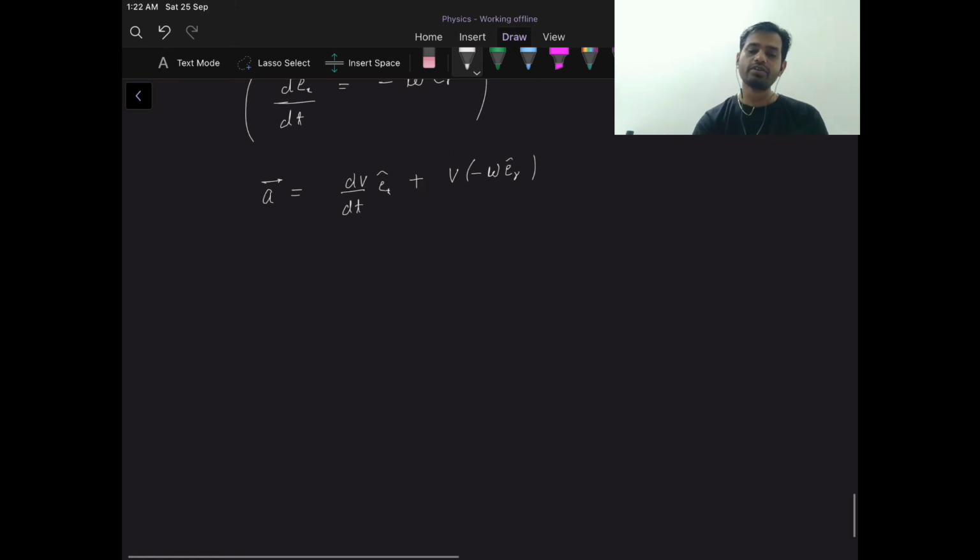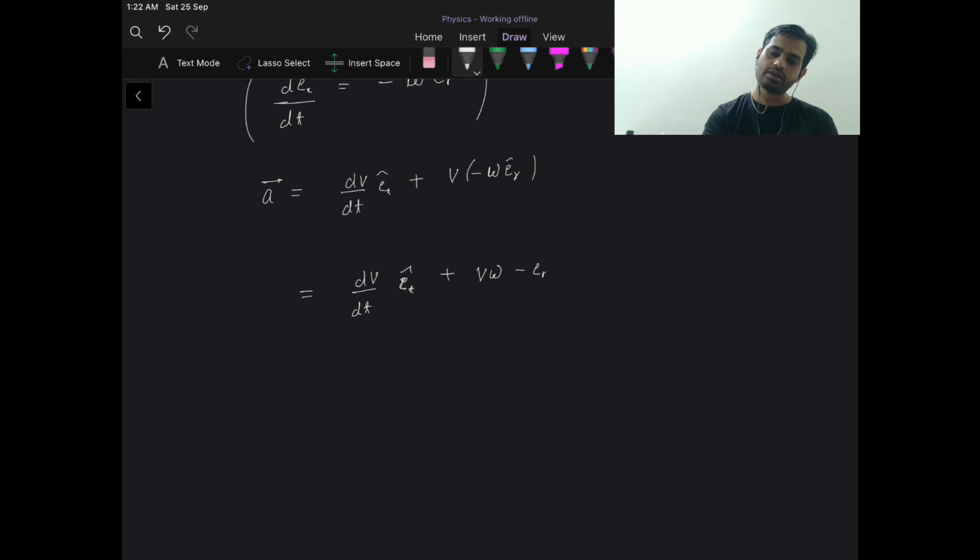So, what will be the value of this? This value we can further write as dv by dt into et cap plus of v omega into minus of eR cap, right.